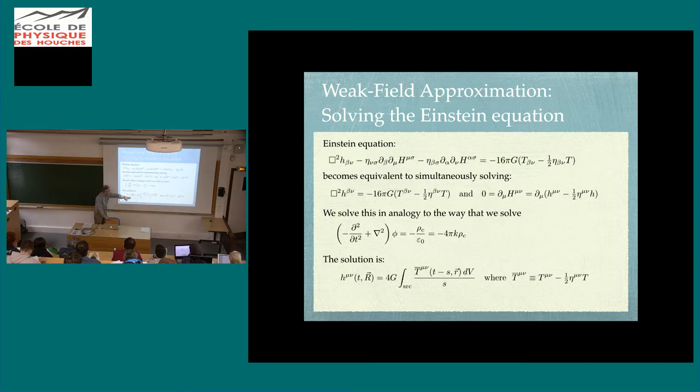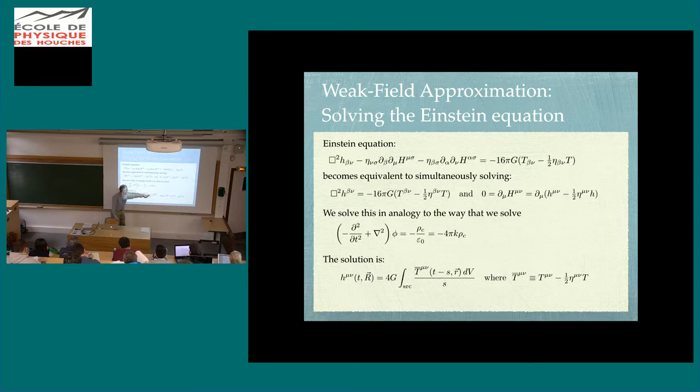So the solution is the h mu nu at a distant point r and at a time t turns out to be, just by doing a comparison, 4G times the trace-reversed stress energy, T bar, where I'm simplifying the complicated expression.